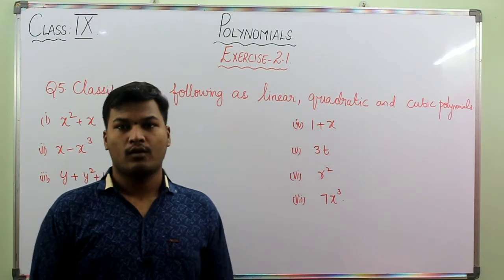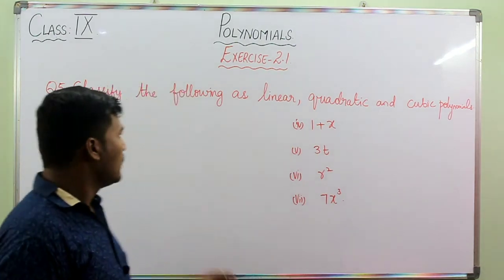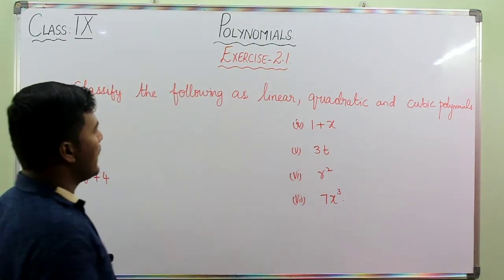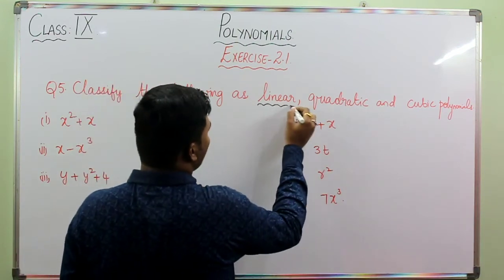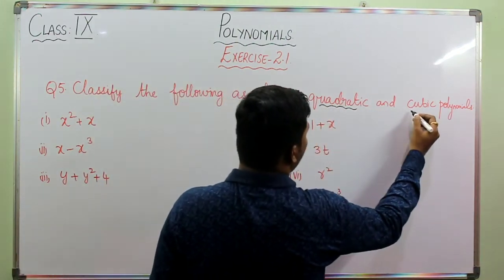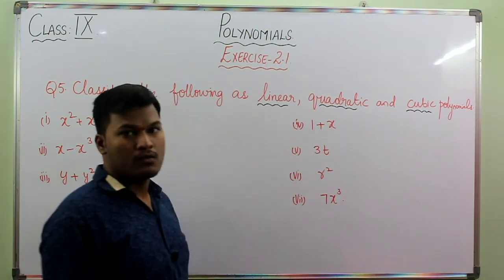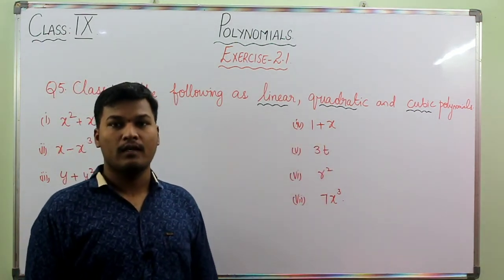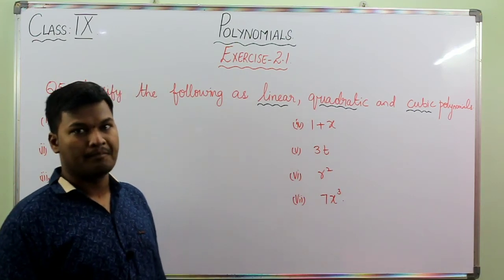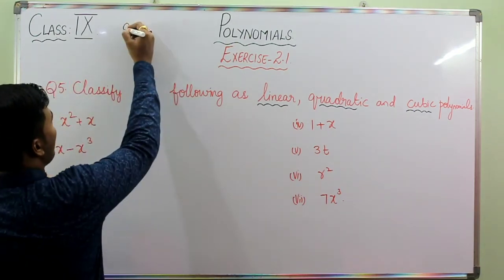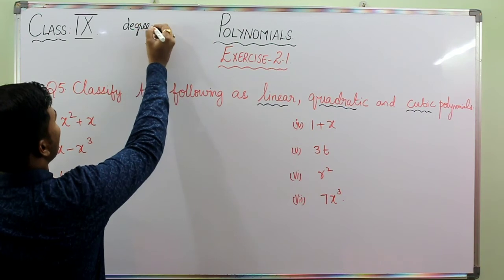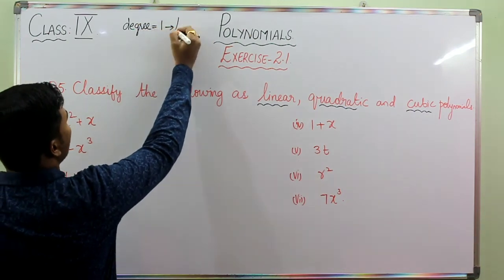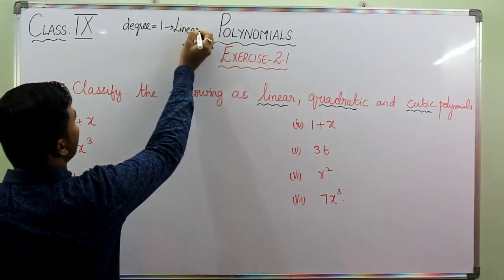Now the fifth question of this exercise, that is, classify the following as linear, quadratic and cubic polynomials. These three are classified based on the degree of the polynomial. If the degree is 1, then we call it a linear polynomial.